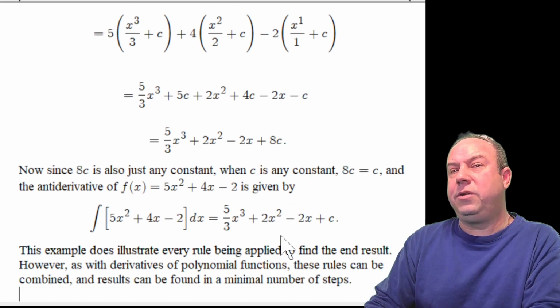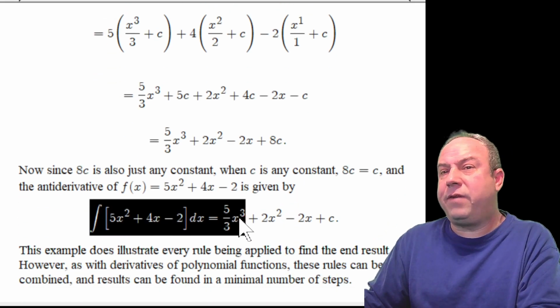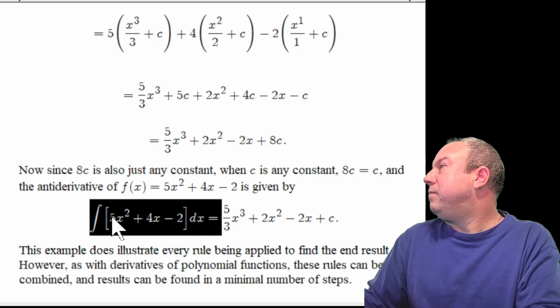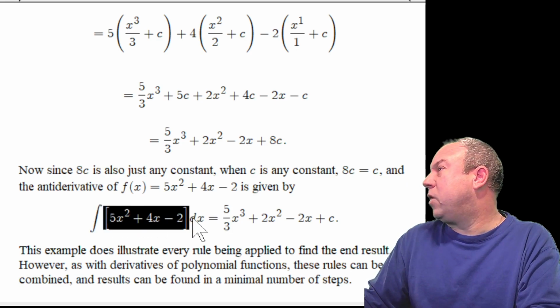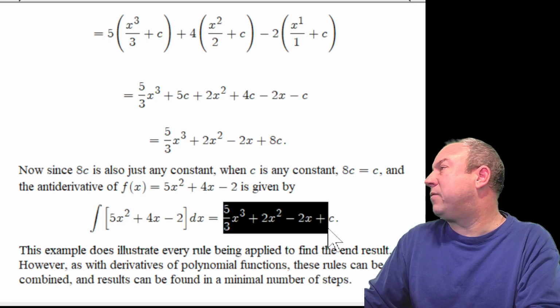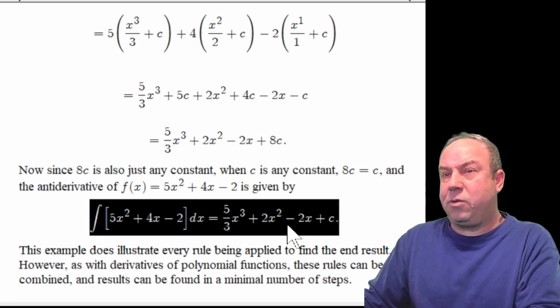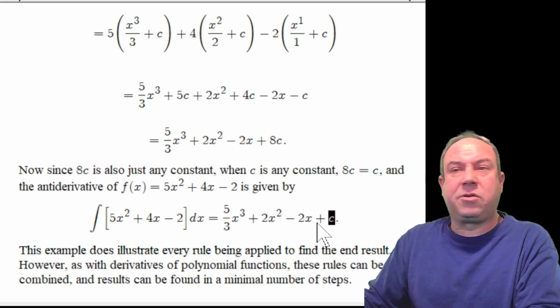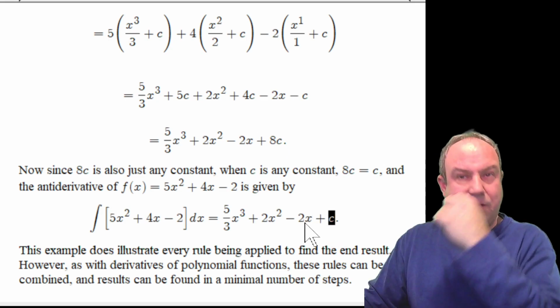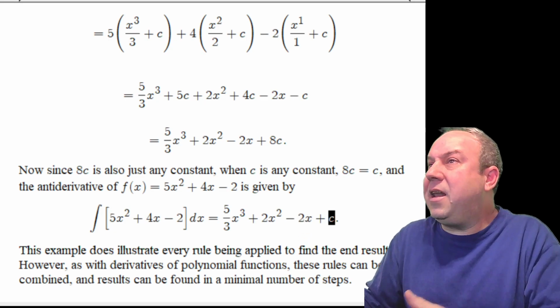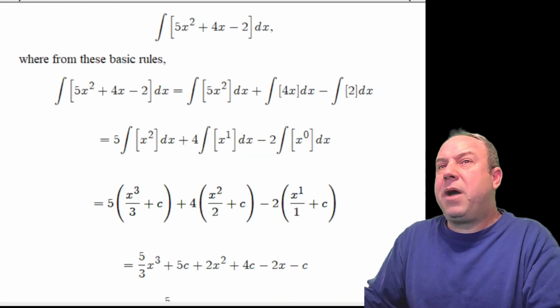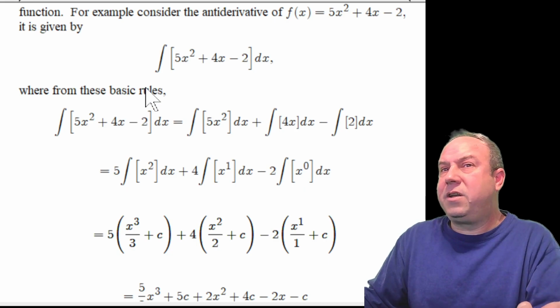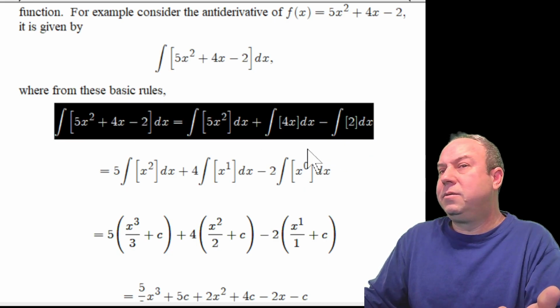Where we can conclude in the end the antiderivative of our function, the polynomial 5x squared plus 4x minus 2, must just be equal to 5/3 x cubed plus 2x squared minus 2x plus some constant c. C being, again, any arbitrary constant. Where I was able to obtain that antiderivative by applying the rules, those 3 fundamental rules, as seen above.